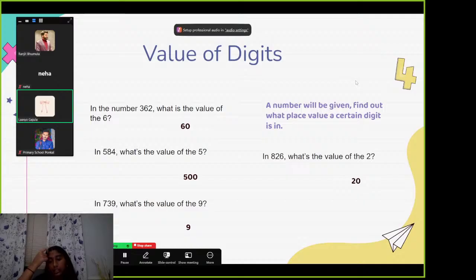And in 826, the value of 2 is 20 because it's in the tens place. And then the last question is 176, and the value of 1 is 100 because it's in the hundreds place, and the digit is 1.